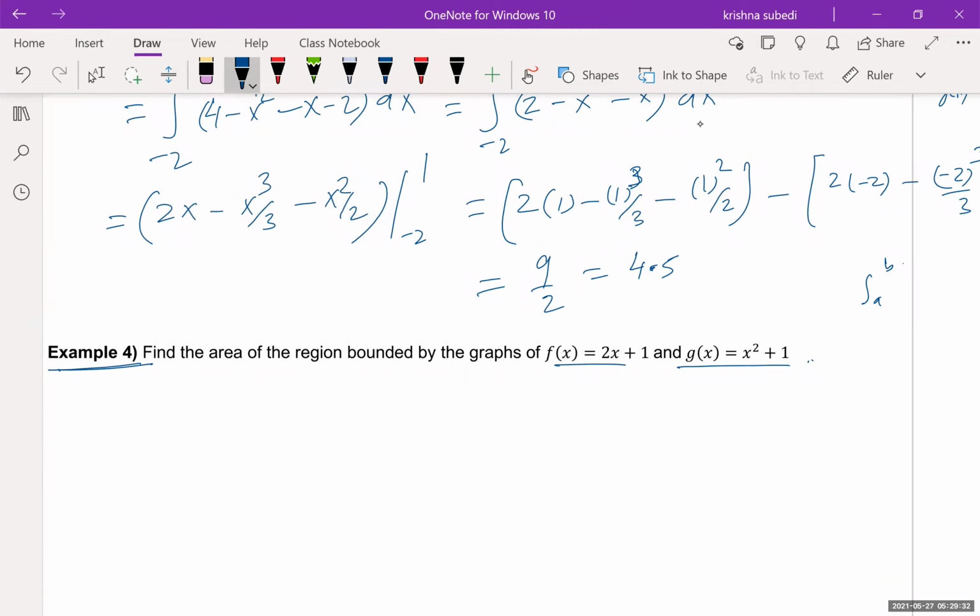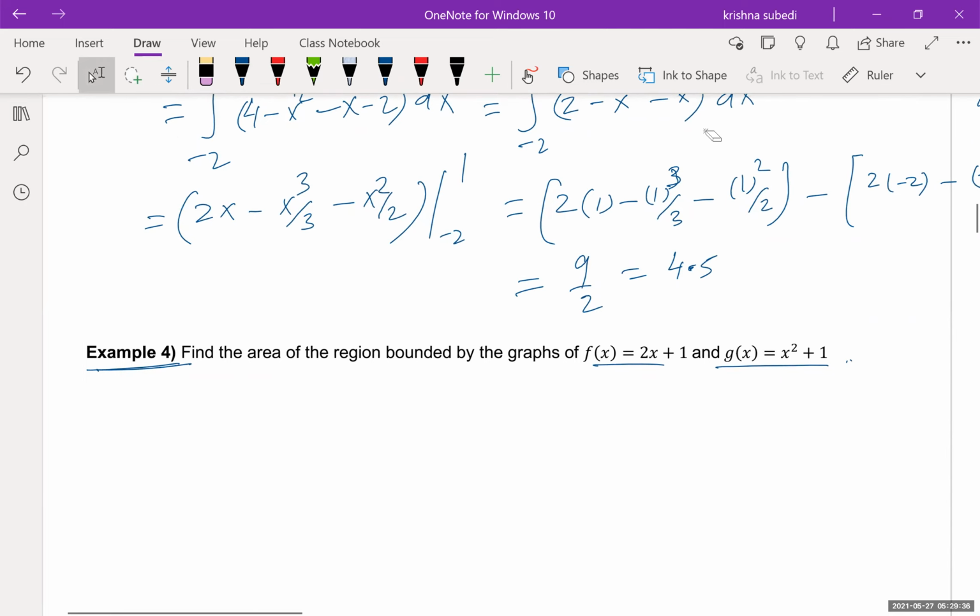That's my question to you. And which function is bigger? And which function is smaller? Is f of x bigger or g of x bigger? And what is the interval? So a couple of things to think about.